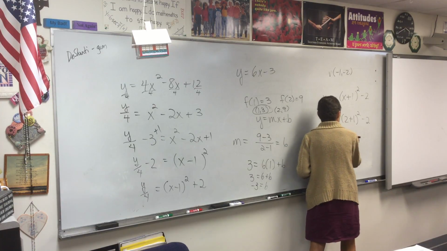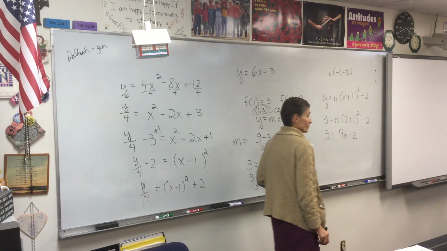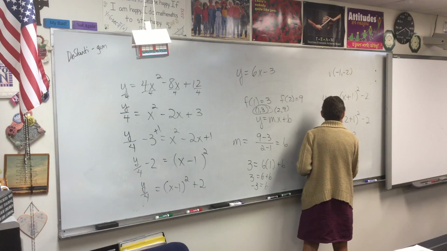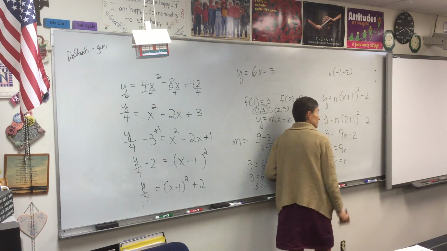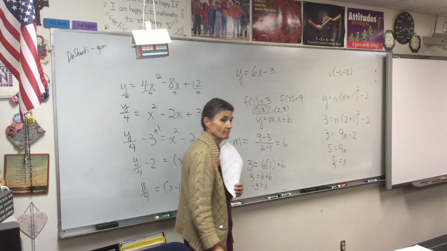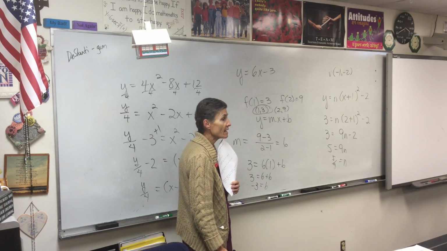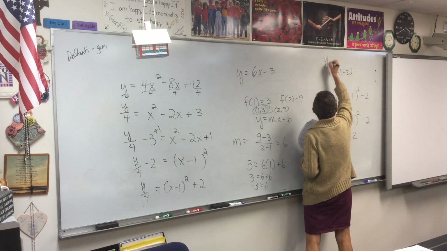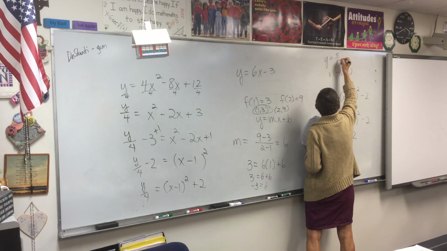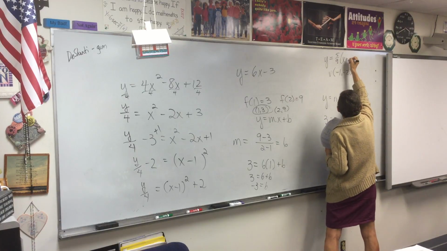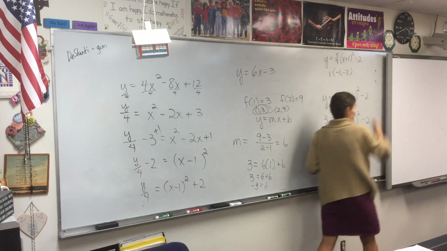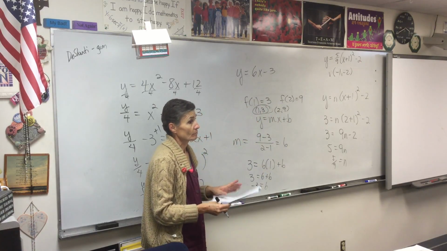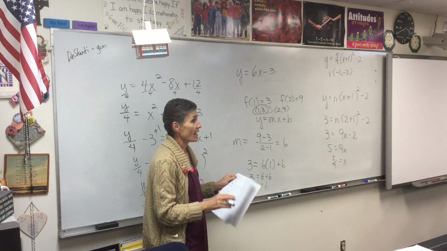So I got 9n minus 2. I'll add the 2 and divide. You get 5 9ths. But again, I don't want you to get so excited that you forget to write the answer. The answer will be y equals 5 9ths (x plus 1) squared minus 2. Anybody have a question about that?